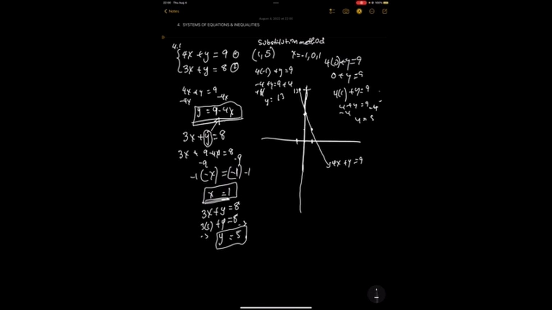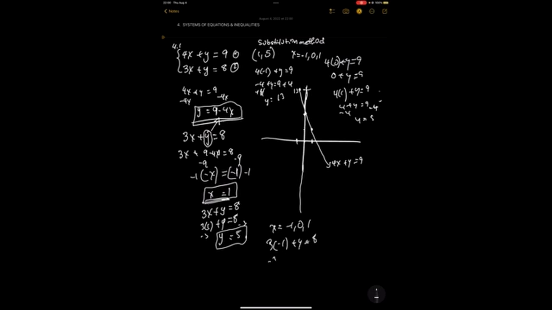Well, let's actually show the second equation now. Let's say in the same numbers, x equals negative 1, 0, and 1, and we're going to use the second equation. When x equals negative 1, we have 3 times negative 1 plus y equals 8.